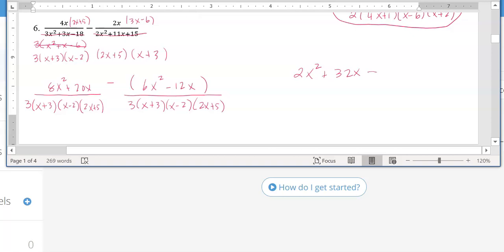I'm going to go ahead and factor first, put it in factored form. I see a GCF of 2x. I can factor out 2x, and that becomes x plus 16. Now that I'm fully factored, I'm going to put my LCD here on the bottom.